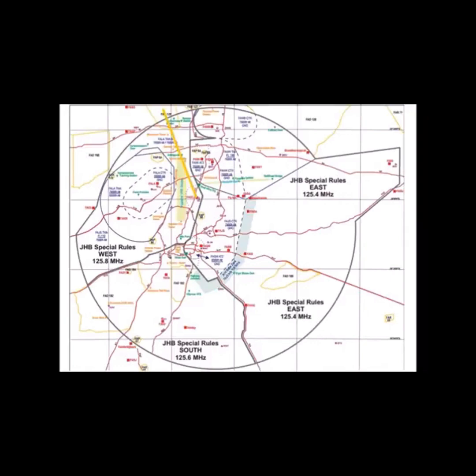In uncontrolled airspace, especially, for example, here at the Special Rules Area, it is up to you to identify with others what you intend to do. And we need to discuss this procedure, which is a blind broadcast. We will practice that just now when I discuss the areas in detail.